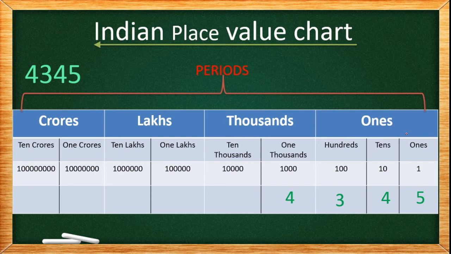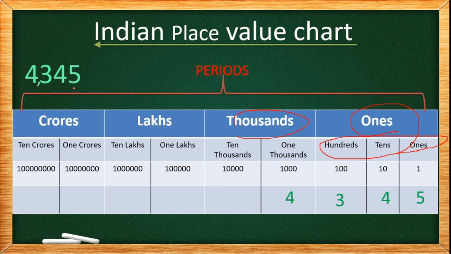So first three places together, that is ones, tens and hundreds, is known as ones period. Next two places together is known as thousands period. And then next two places is known as lakhs period. Next is crores. So we need to separate each period using comma when we write a number.